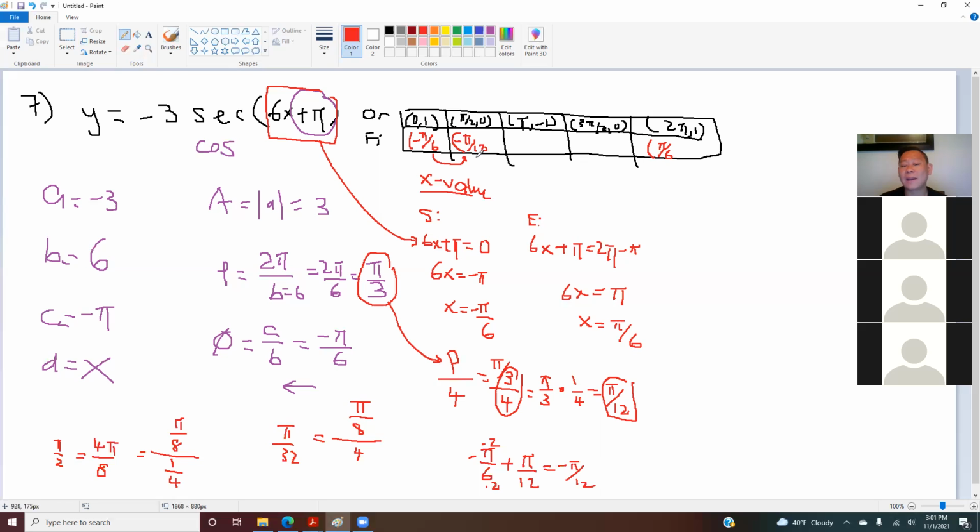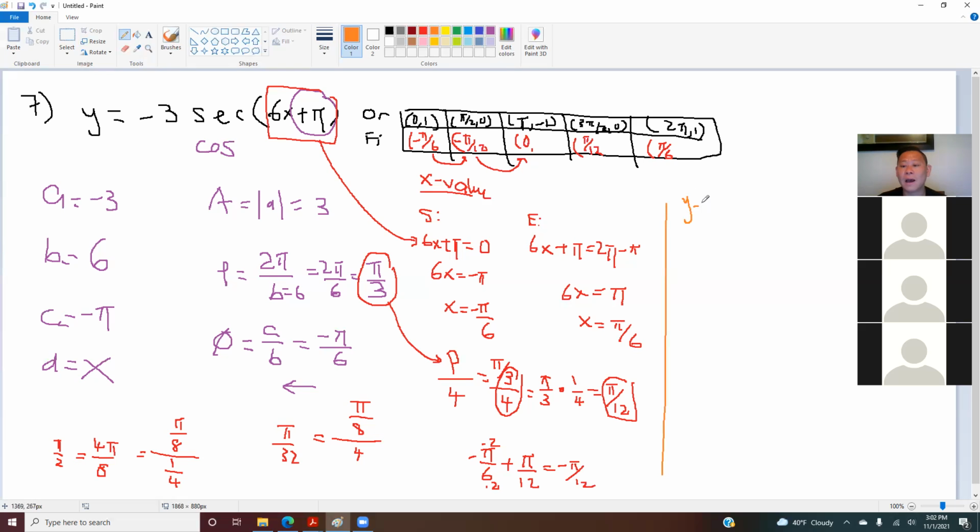And what happens when you have a negative pi over 12 and you add another pi over 12? You will get 0. 0 plus pi over 12, you get pi over 12. And pi over 12 plus pi over 12, you get pi over 6. Okay, so this is how you figure out your x value. It's hard, it's not easy.